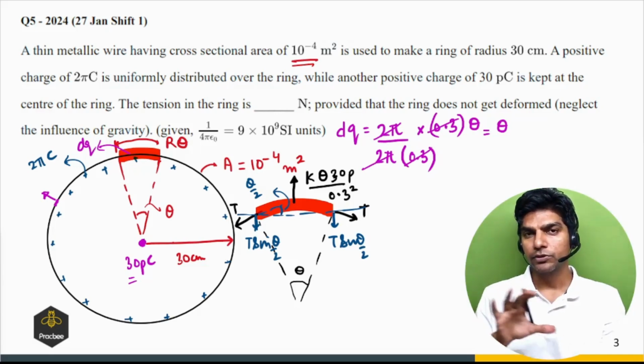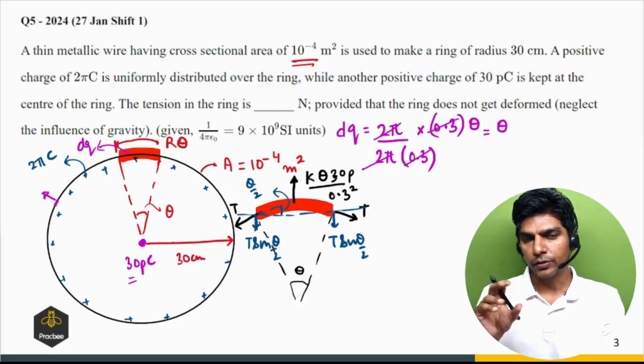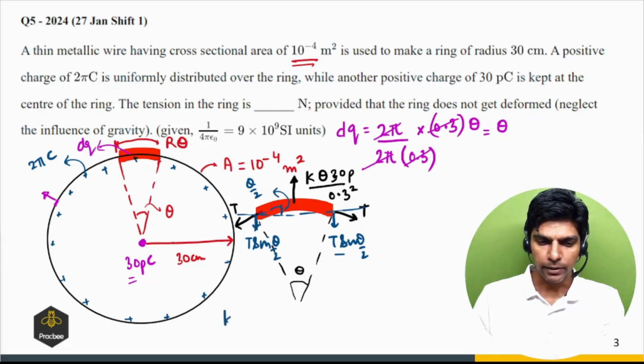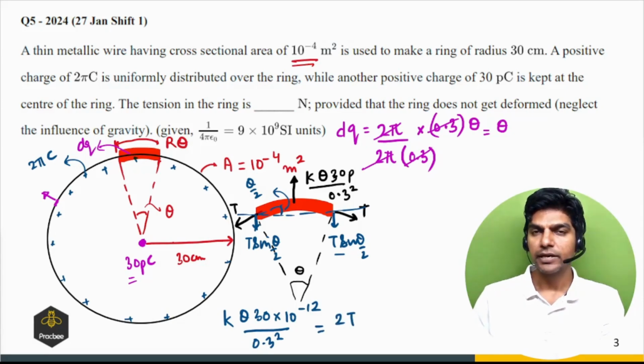Now, the horizontal component will get cancelled out. T cos theta by 2 will cancel out with T cos theta by 2. So we can say if this element is in equilibrium, then 2 times T sine theta by 2 should balance the Coulomb repulsion on this element. So we can say K theta times 30 pico, that is 10 raised to power minus 12, divided by 0.3 square should be equal to 2T sine theta by 2.